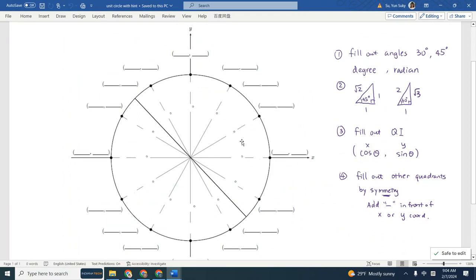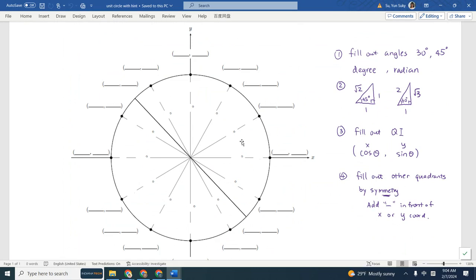You start with this one, which is 30 degree. Then you add 30 degree, add 30 degree, add 30 degree until you get to the full unit circle. This is how you fill out the multiples of 30 degree. And then you fill out multiples of 45 degree.